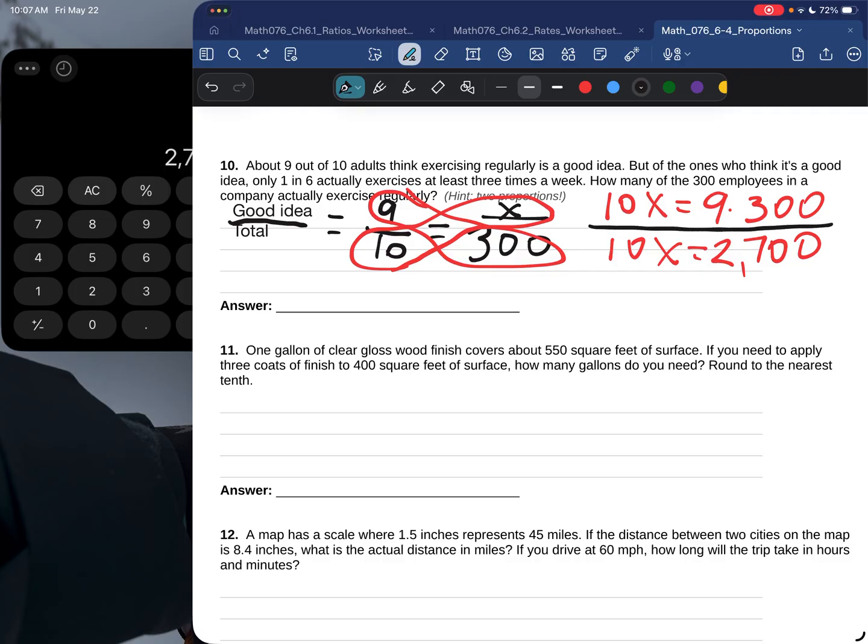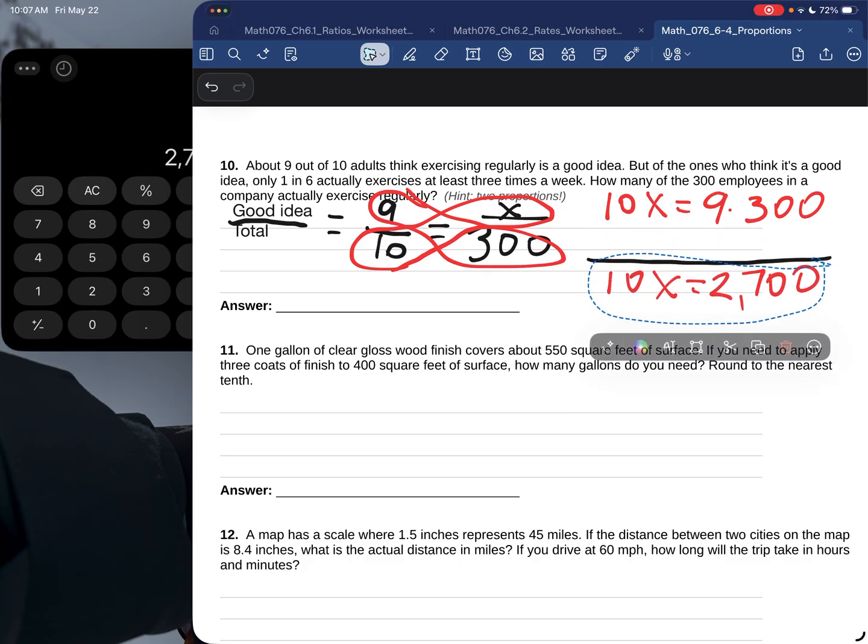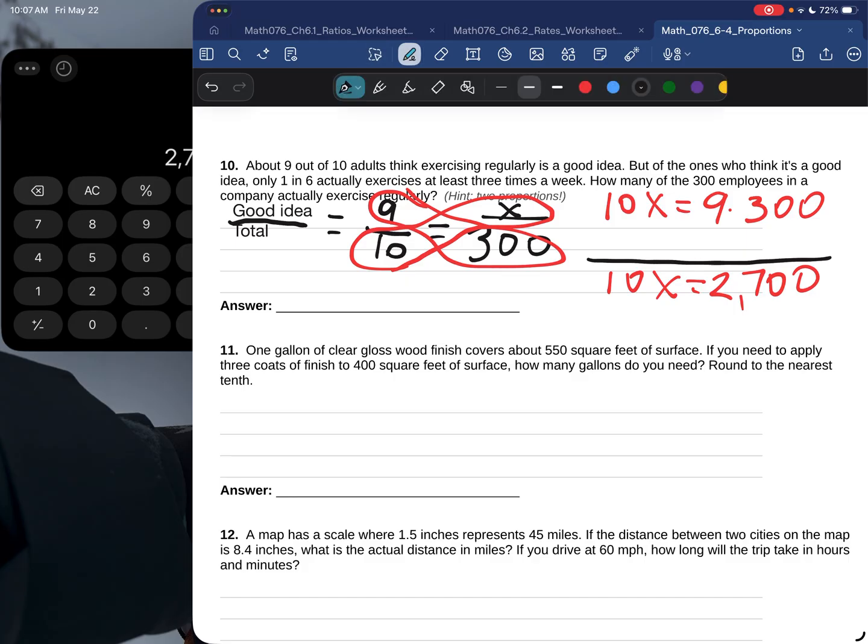Now I'm going to divide both sides by 10. I divide both sides by 10 and I get x equals 270. And that's how many of our population think that exercising is a good idea.